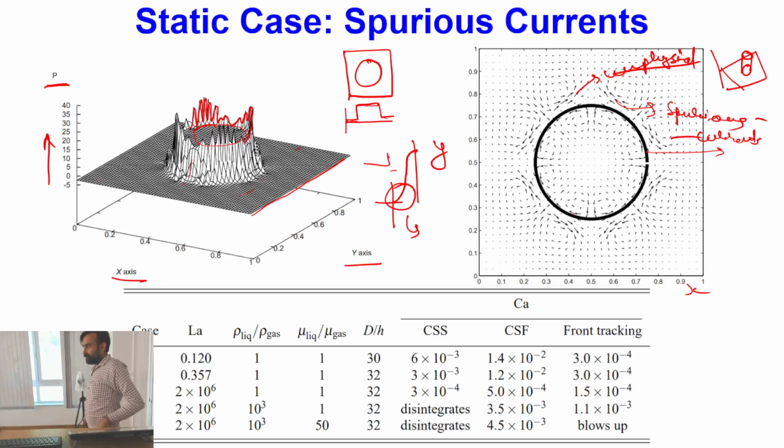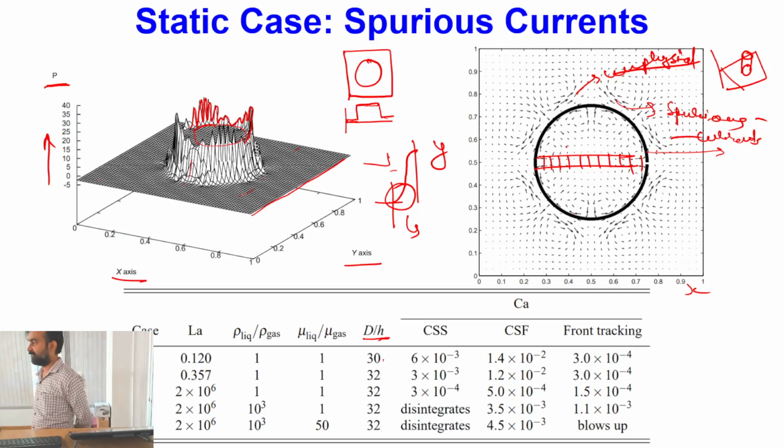Okay, so whatever method I explained, you can see over here, different Laplace numbers are used, different liquid to gas density ratios, viscosity ratios are used, and d by h is the ratio of the diameter of this particle to the cell size. In certain cases the cell size is considered mainly in the range of 30 to 32, meaning along the diameter I have either 30 or 32 cells in my grid.